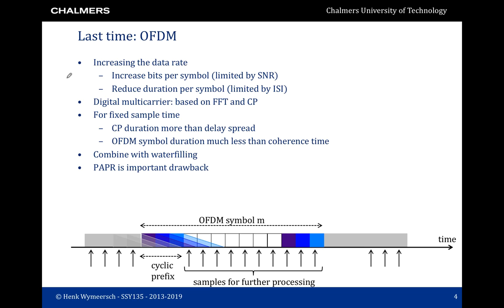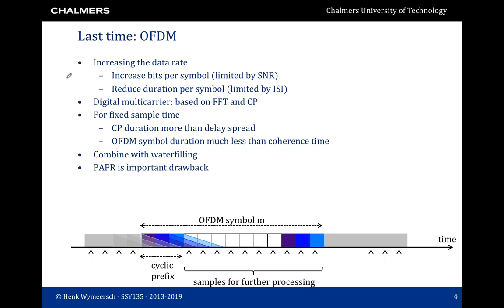In order to avoid complexity-hungry equalization methods, we introduced OFDM, which is based on fast Fourier transforms and a cyclic prefix, in order to trick the receiver into thinking that we're sending a periodic sequence. We saw that for a fixed sampling time, the duration of the cyclic prefix should exceed the delay spread of the channel, and that the OFDM symbol duration should be much less than the coherence time in order for having the same channel over one OFDM symbol.